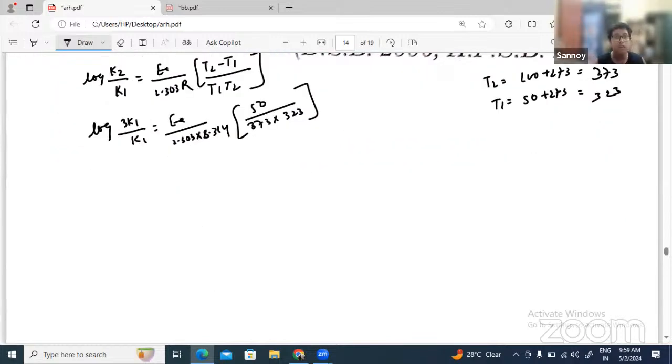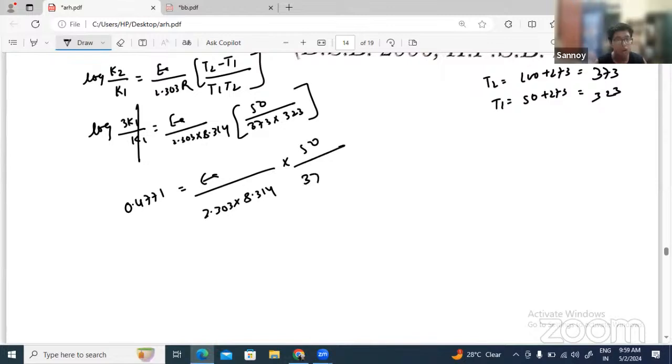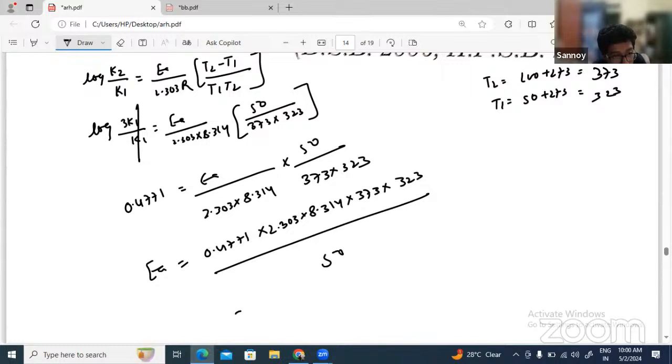Ea by 2.303 into 8.314 into T by T1 T2 will be... Ea equal to log 3 will be coming downwards.